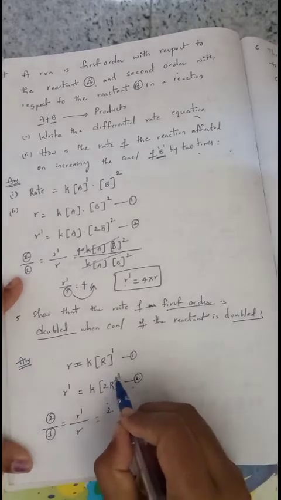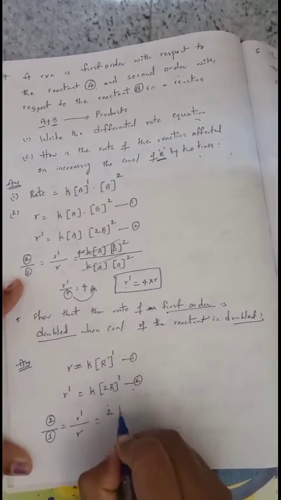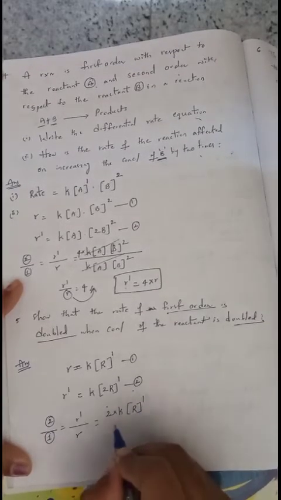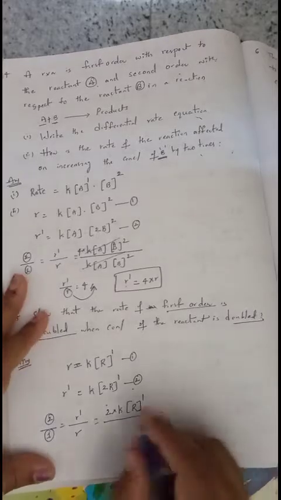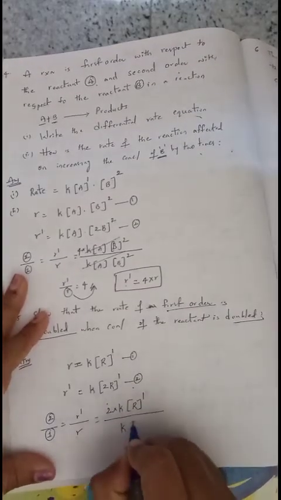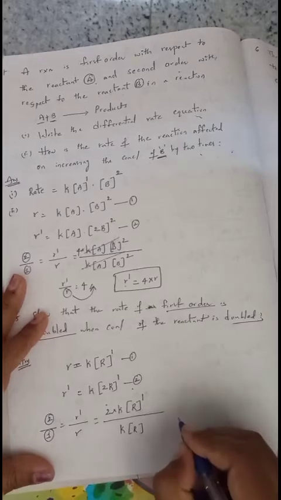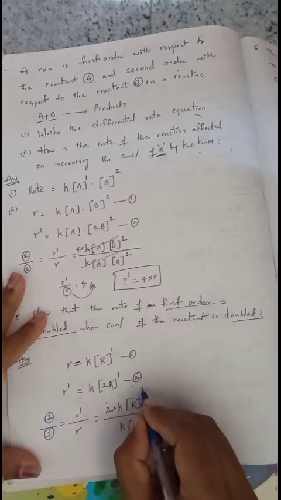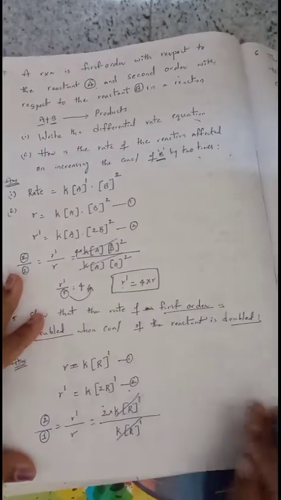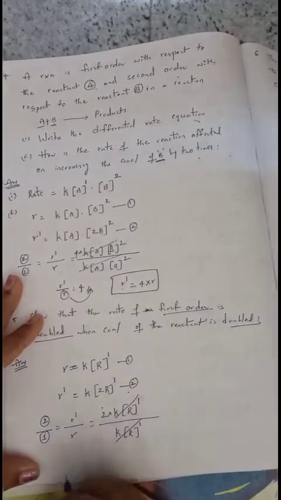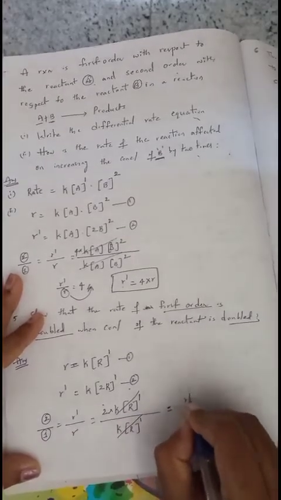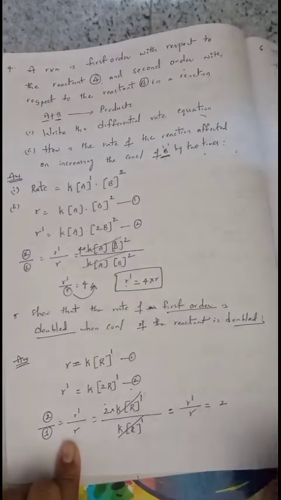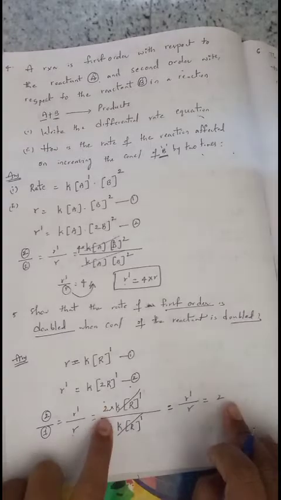Here it is just 2 into K, concentration of R, divided by the R value, which is K, concentration of R. The K and the concentration of R to the power 1 get cancelled. Then what is left here? R dash by R equals 2. Only 2 is left.